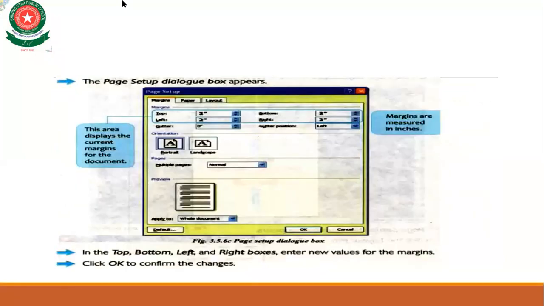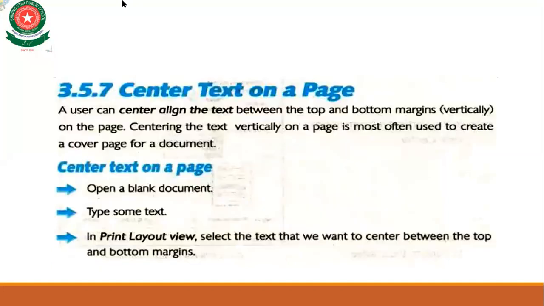When you click custom margins, the page setup dialog box appears. Now from here, in the top, bottom, left and right boxes, enter the new values for the margins which you want. Now click OK to confirm the changes. So that is the way you can change the margins in Word documents.